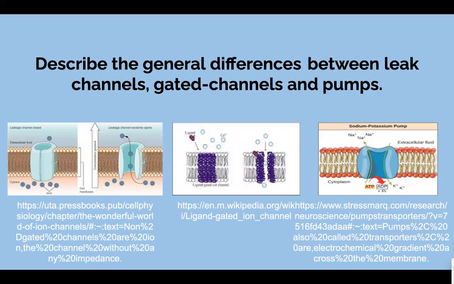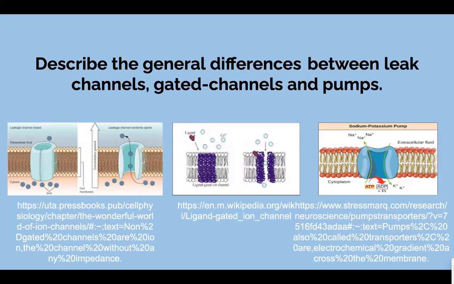As we move on to gated channels, which is the image in the middle of this presentation, their function: gated channels are protein channels that can be opened or closed in response to specific signals or stimuli, regulating the movement of ions or molecules across the membrane. For their regulation, gated channels have mechanisms for opening and closing, such as changes in voltage, binding of ligands, or changes in mechanical stress.